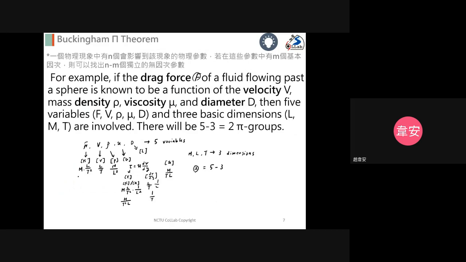We list all of the physical parameters to see what basic dimensions are involved for our problem, and then we take the total variables minus the number of basic dimensions, and the result gives how many pi groups are involved.